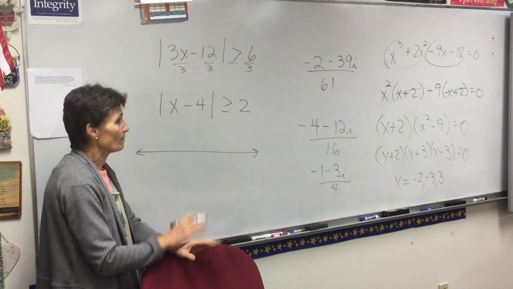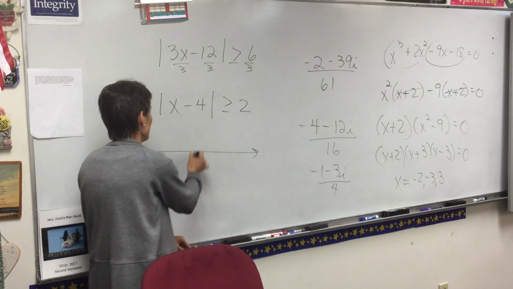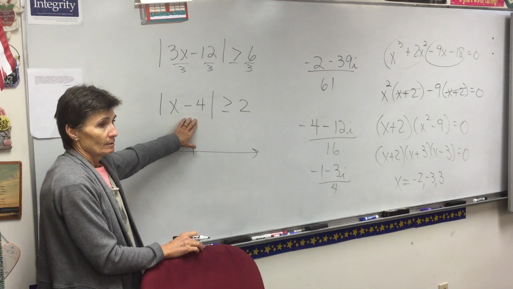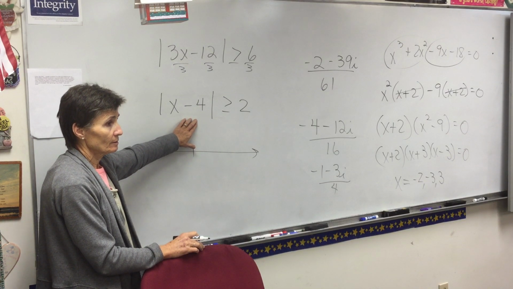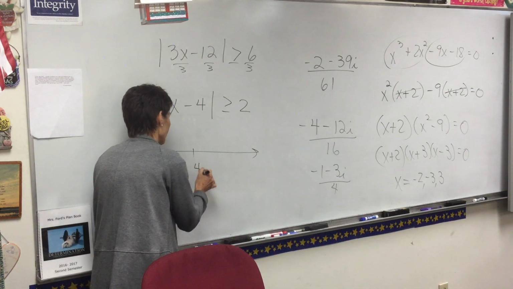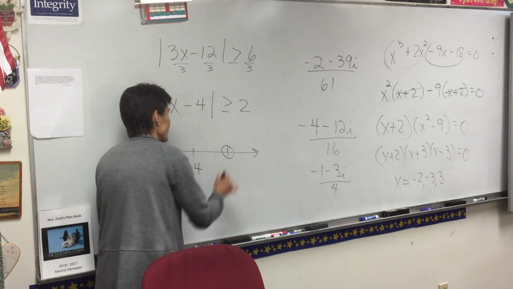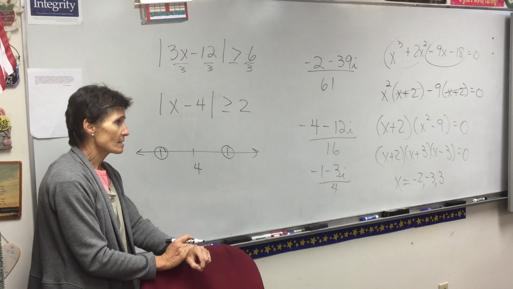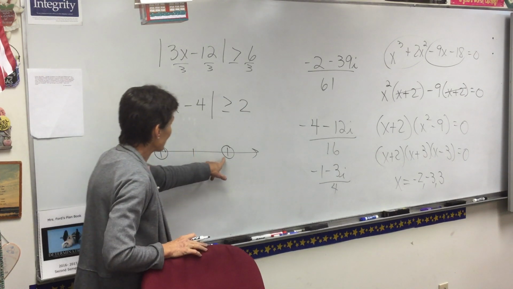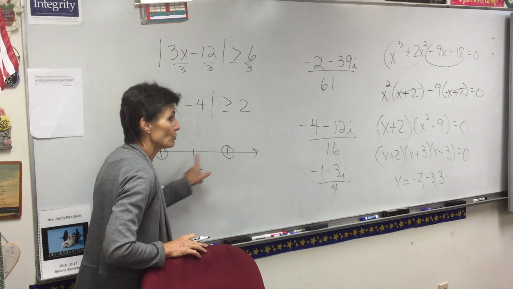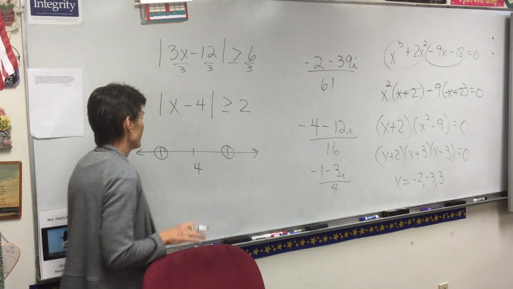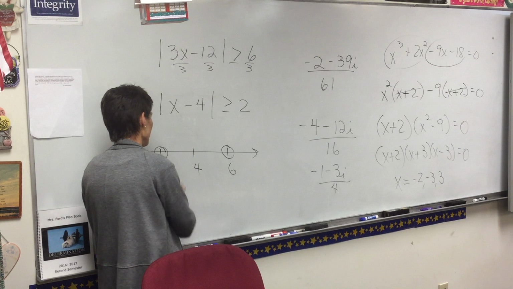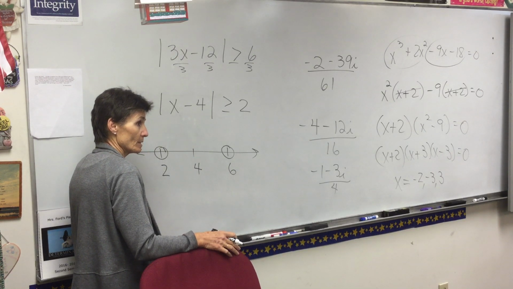Right in the middle, we're going to start with the middle number, +4. And we know we're going to have dots on each end. Those dots will be found by counting 2 both ways. So 2 this way would be 6. 2 this way would be 2.